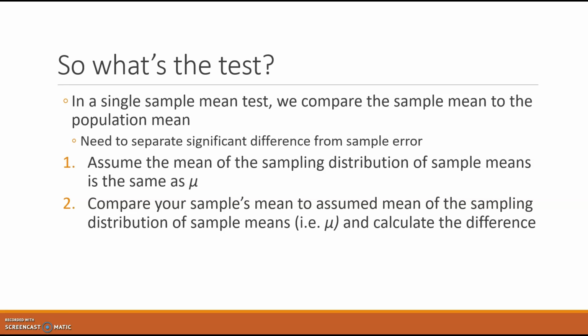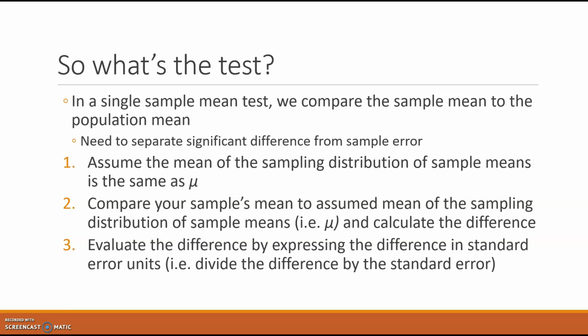Is there a difference? Is that difference real? And then we're going to basically put the differences into standard error units, which is simple. You divide it by the standard error, which you already have figured out at some point. And then you look it up on the chart. And yes, there is a chart that you're going to need to print out or have handy when you take the test, because you're going to need to look some of these up.